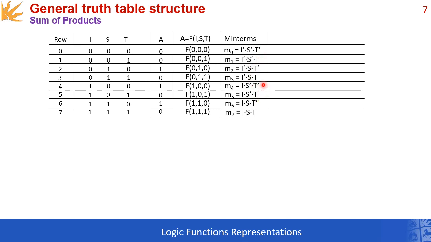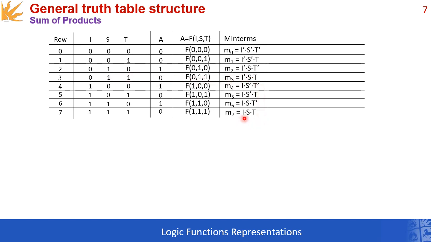Let's take, for example, minterm 3, which is in the fourth row. Since the only input being 0 is I, we use the complement of I, and then we use the Boolean multiplication of the complement of I with S and T, because for S and T you got 1 being given as an input.